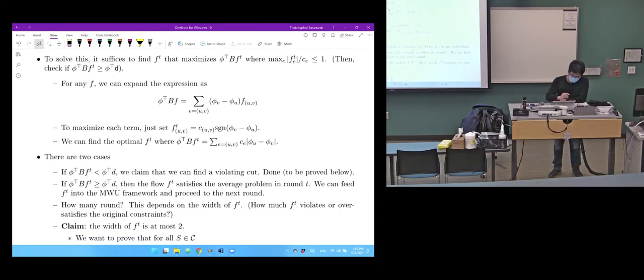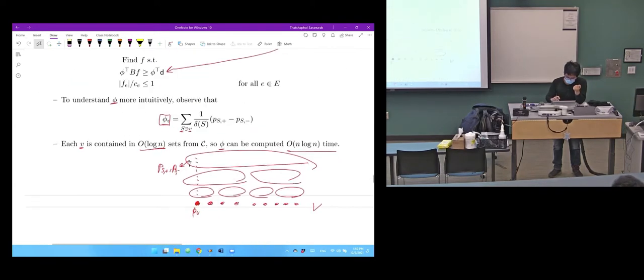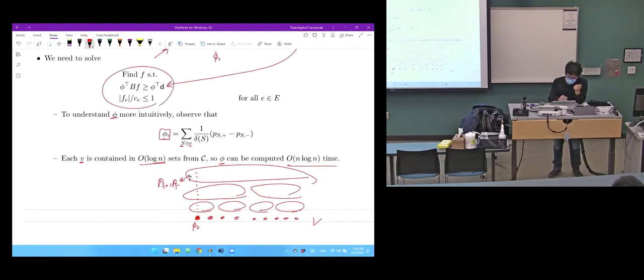But now we can say that, okay, in round T, given the weights, you can compute the vertex potential phi, and all you need to do is solve this thing. Phi is given to you explicitly, and you want to solve this, right?